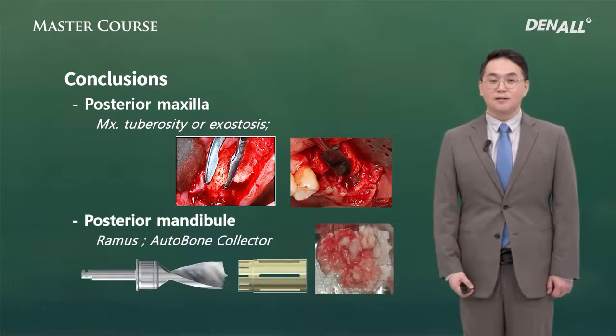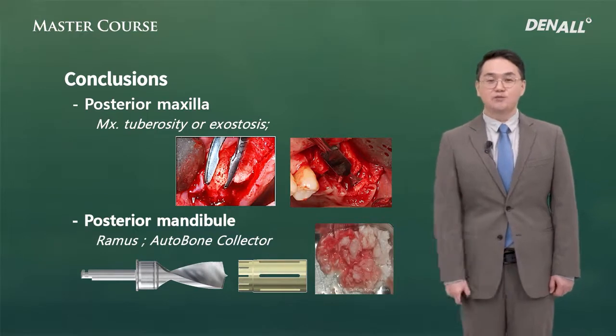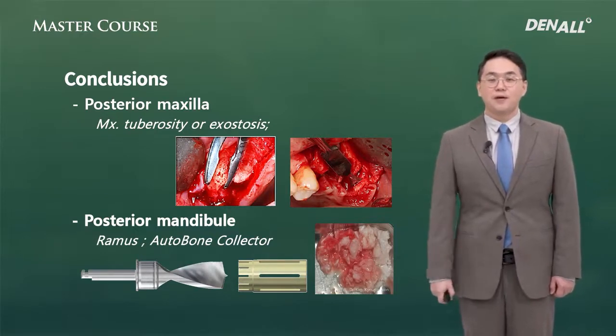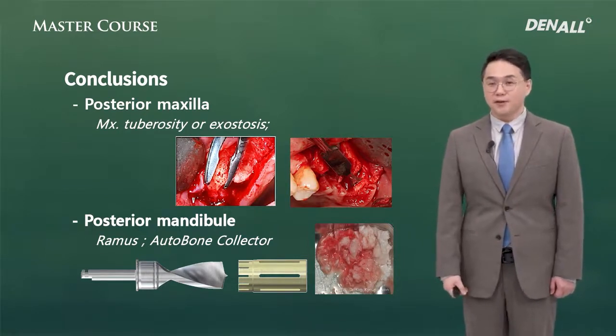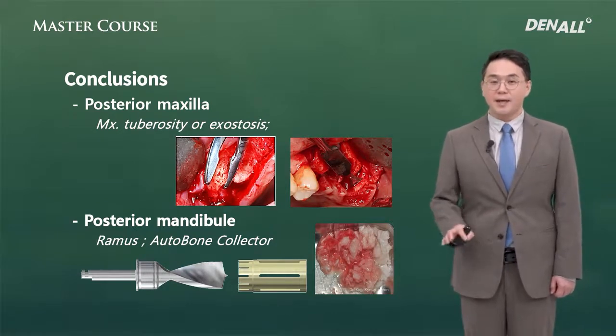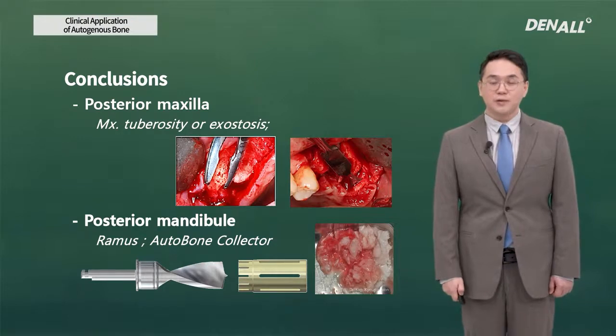In the posterior mandible, you can use the autobone collector in the ramus in full depth, and you can apply the cortical bone particles directly. In many cases, you need to fill a gap after immediate implant placement in the lower posterior. I believe the autobone collector is the best item for that.